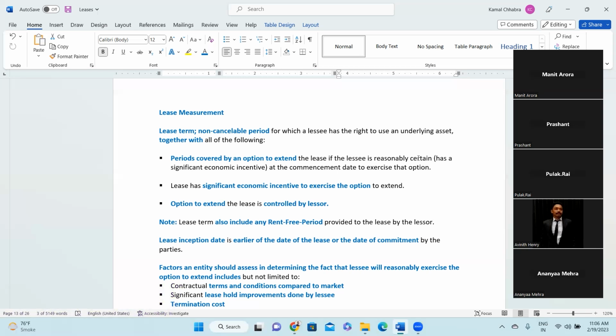And after the lock-in period, to identify what should be the lease term for the lease measurement, you need to see what benefits are available to the company to stay there. One is that their increment is comparatively less than the market rate or the inflation, or just equal to the inflation, right?